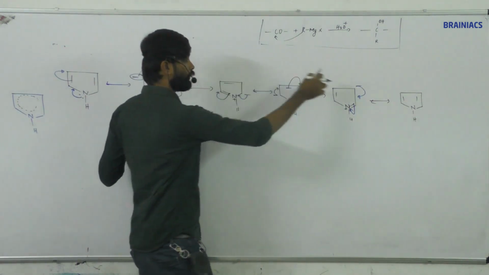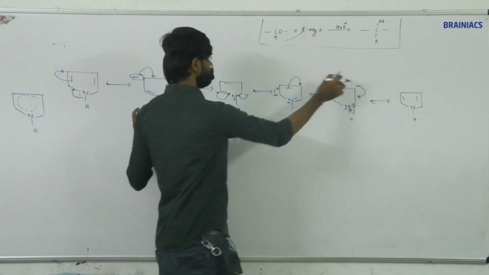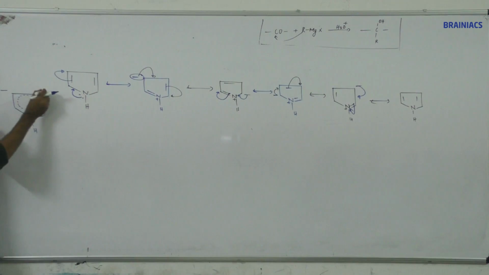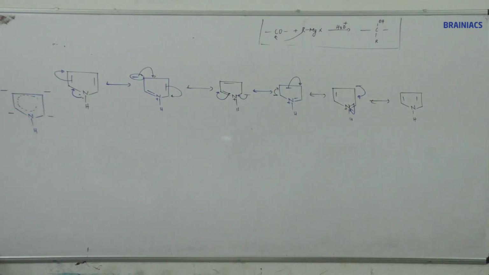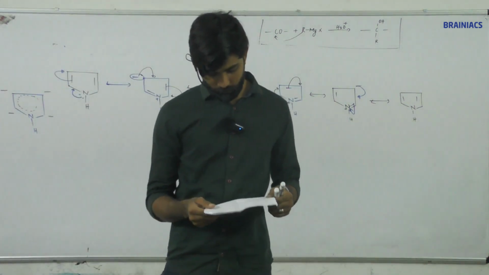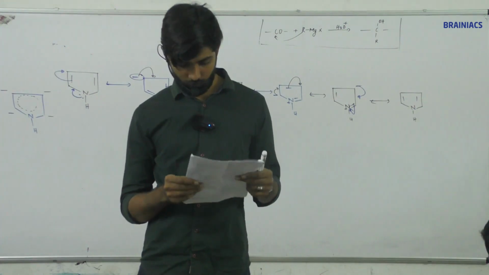This corner, right. This also. So all positions have a chance for excess electron. Ready? What is the question? Electron densities. Question number.